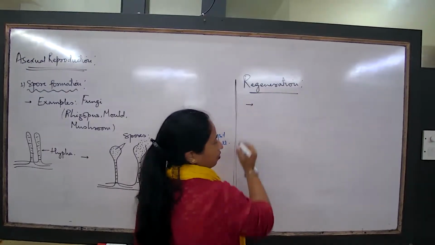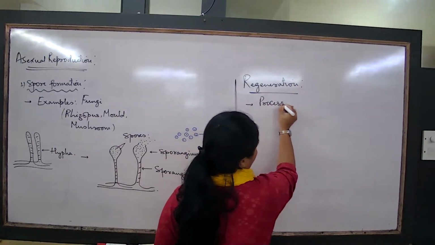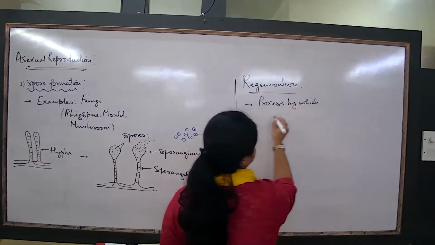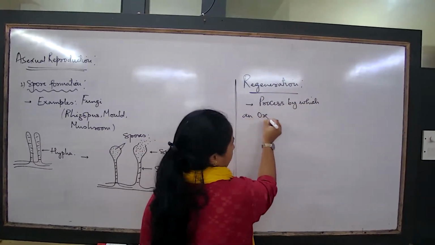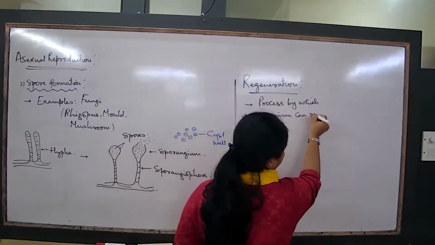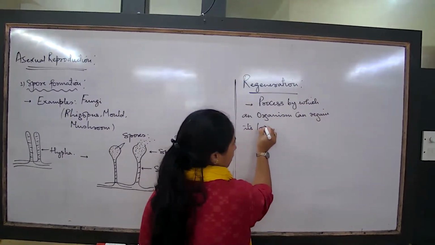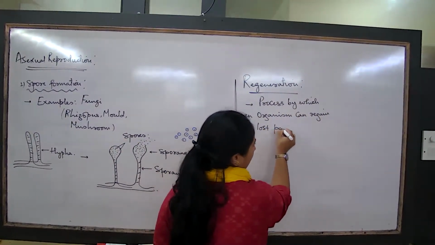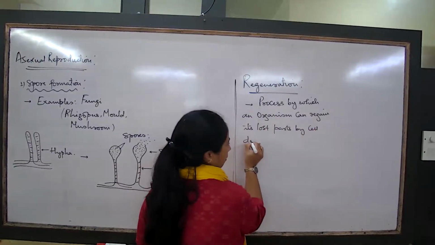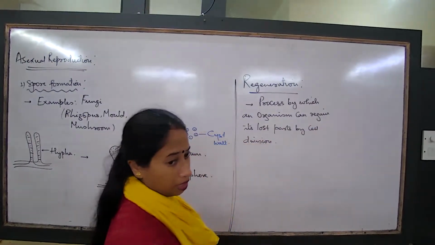What is the definition of regeneration? It is the process by which an organism can regain its lost parts. Its lost parts can be regained only by the process of simple cell division.